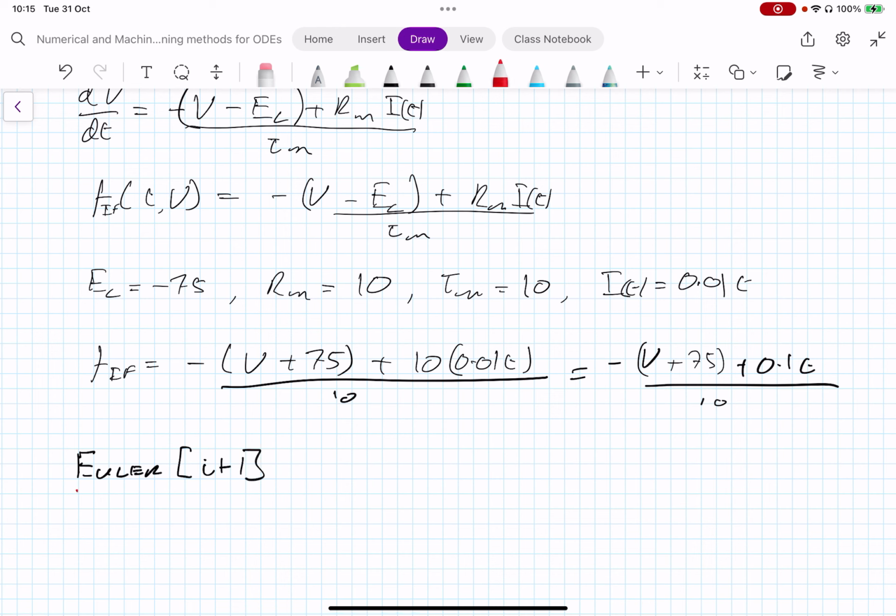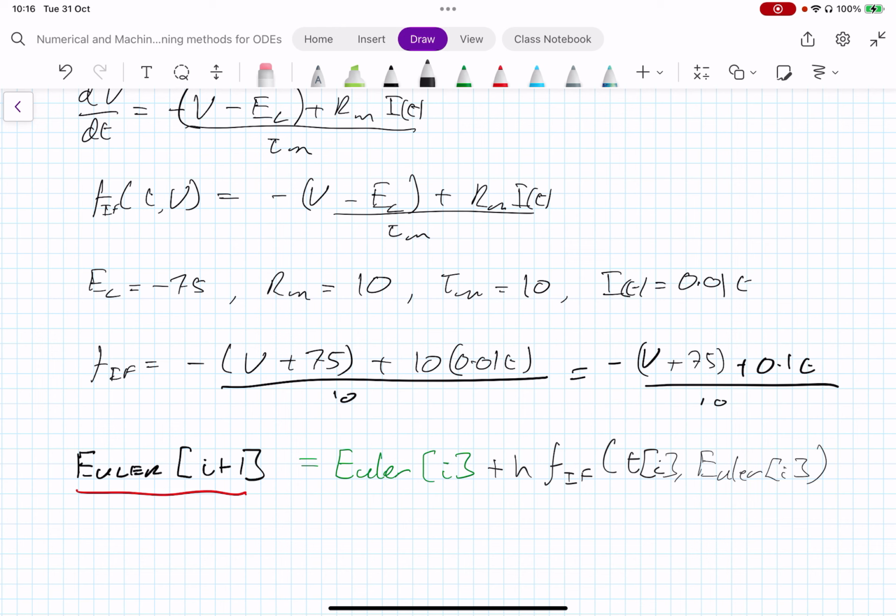i plus 1, what we don't know, is equal to Euler_i plus our step size h times f_IF(t_i, Euler_i).